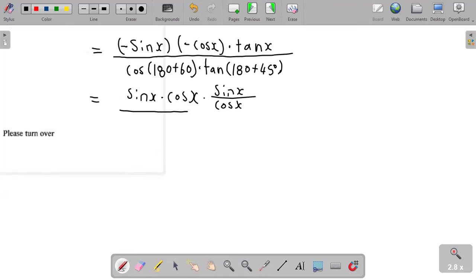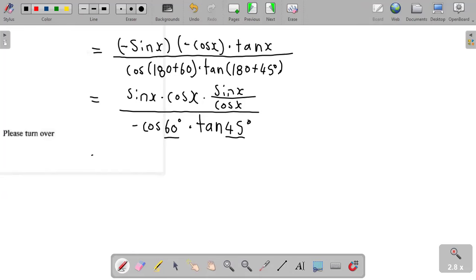And then at the bottom, 240 is the same as 180 plus 60. It's going to be negative cos 60, since it's in the third quadrant where cos is negative. And 225 is 180 plus 45, so the tan is positive here in the third quadrant, so it's going to be tan 45 degrees. These are special angles, 45 and 60.